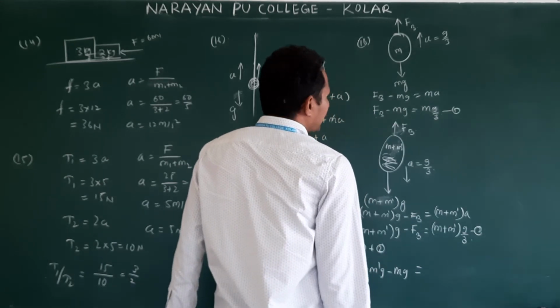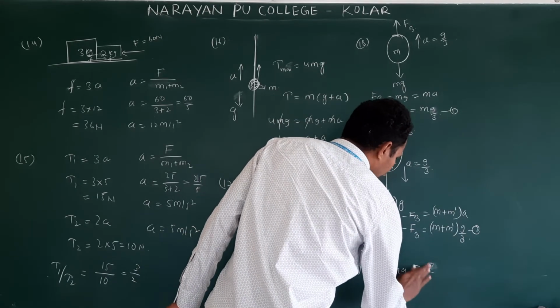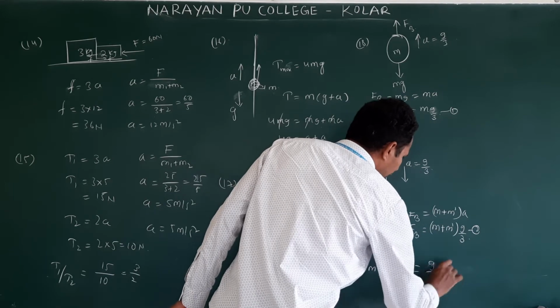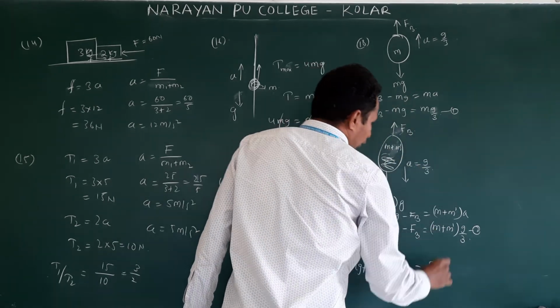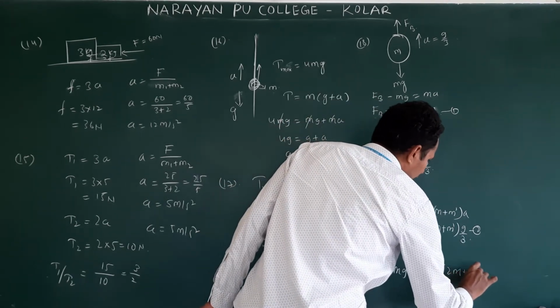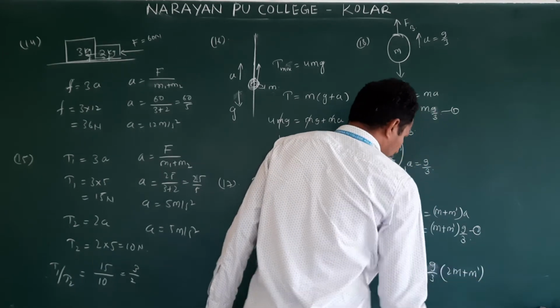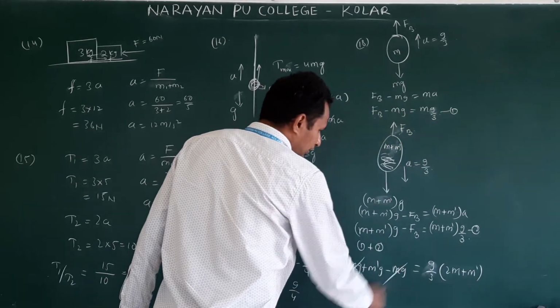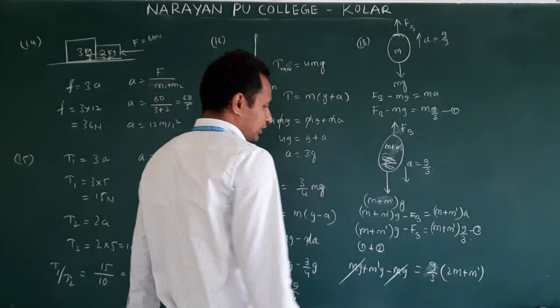Can we take common g by 3? If you take it common, g by 3 into 2m plus m dash. Am I correct or not? So mg cancels, plus mg minus mg cancels.